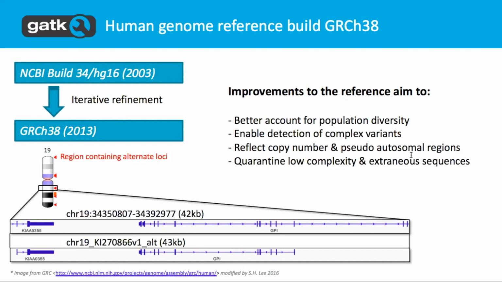The reference that is the most common now is HG19, that came out in 2009, and the most recent reference is GRCh38, which came out recently, and that has some improvements towards HG19. It actually has sequences in the places where HG19 did not have, near the centromeres, for example, low complexity regions.